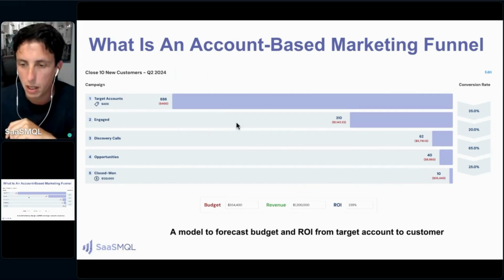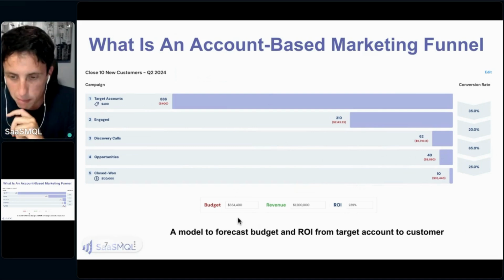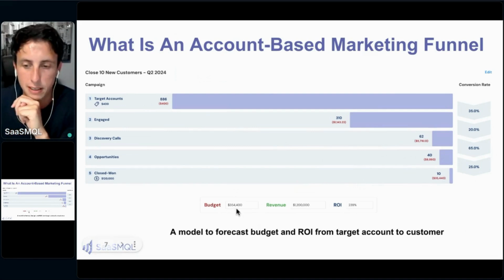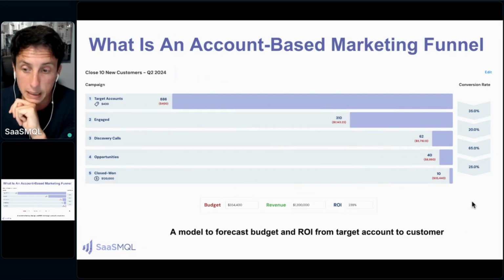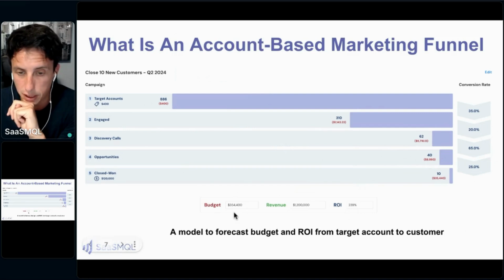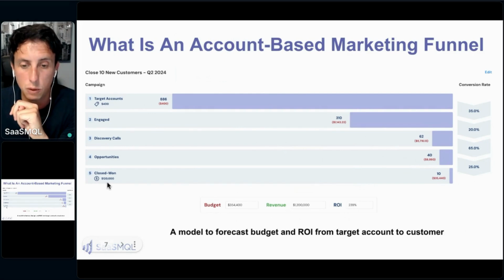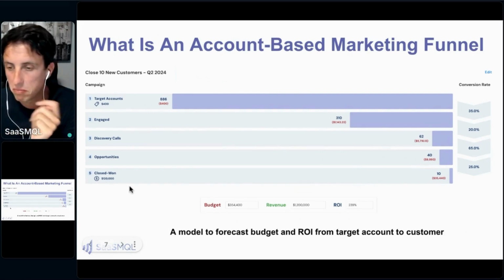That's an example. And so my total budget that I'm allocating for next quarter is 354K. But if everything goes according to plan, I'm gonna be driving 1.2 million in recurring revenue from this 350K budget, because each of my new customers is worth 120K a year.